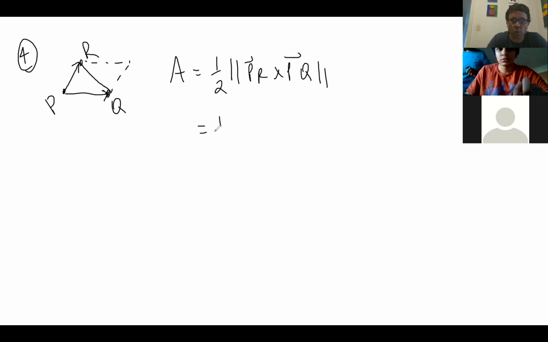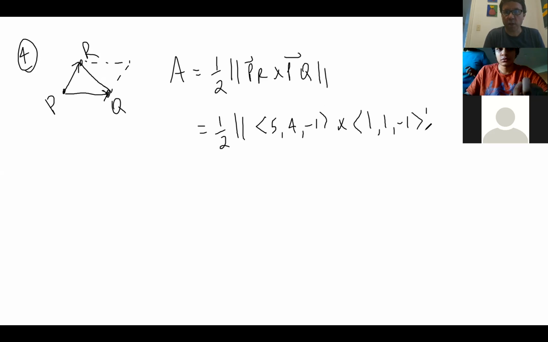So let's see, that's 1/2 from P to R. That was 5, 4, -1, and PQ, which is 1, 1, -1. Now, if you said, well, I did the cross product, but in the other order, that'll reverse the direction of the cross product, but it won't change the length.